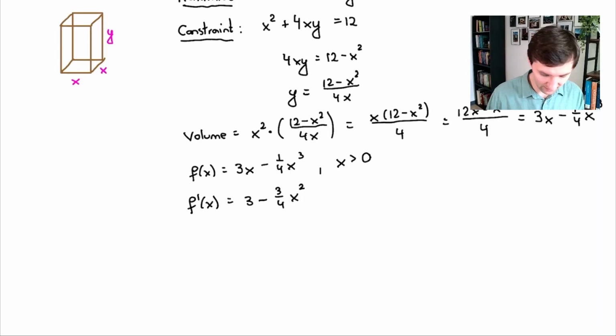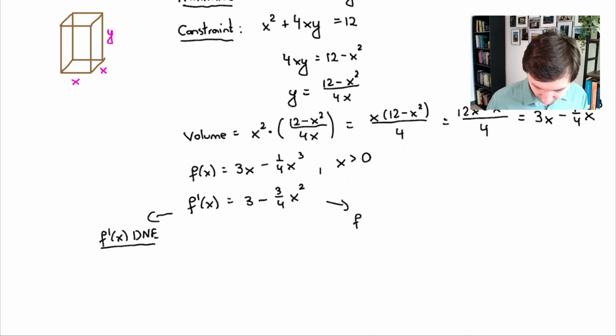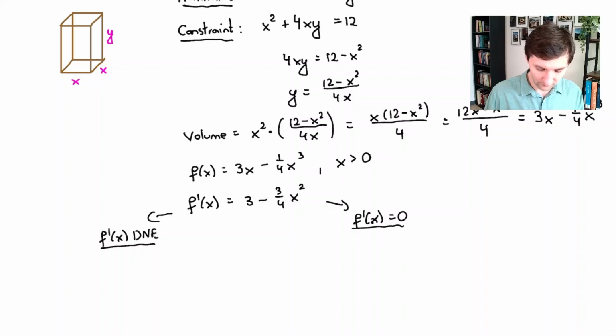Now I ask myself, is there a possibility that this derivative is not defined? And is there a possibility that this derivative equals 0? There is no x for which this derivative is not defined. We see that our derivative is a polynomial. You can plug in any x you wish.